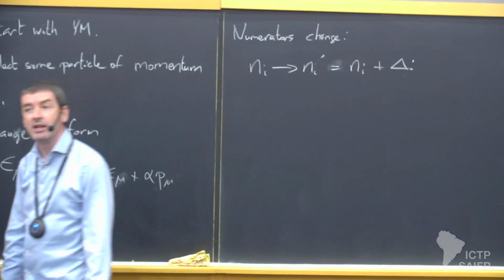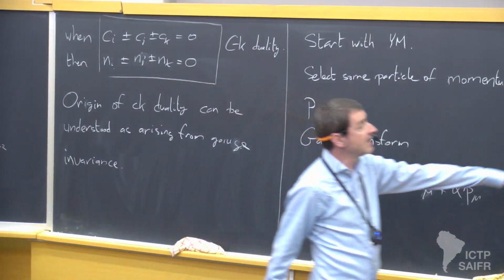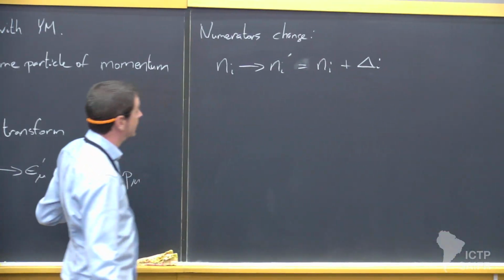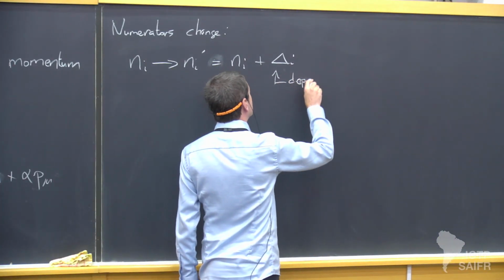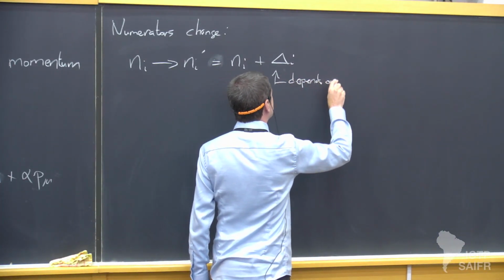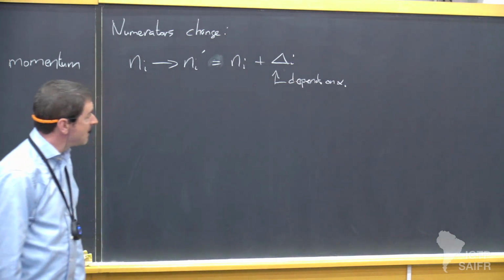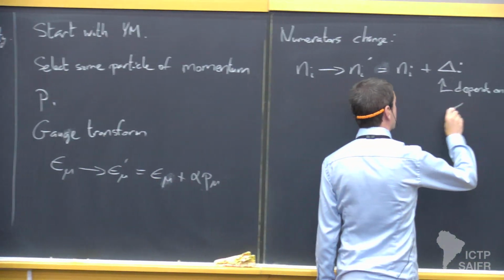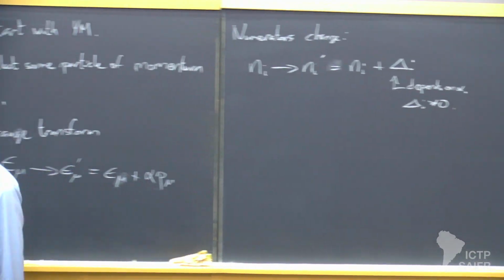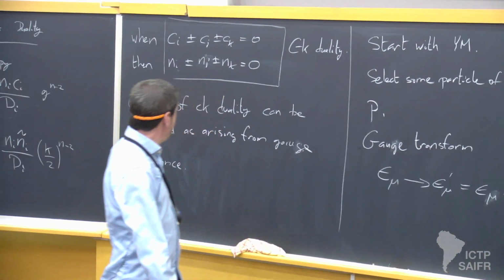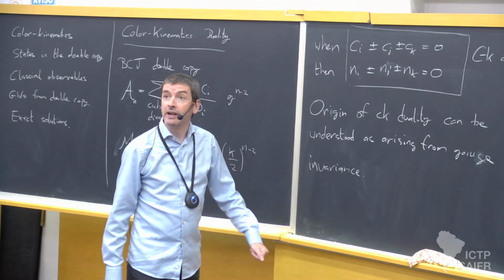You just get the same numerator as before, but then there'll be this delta which involves this alpha. So this thing will depend on the alpha, and these delta_i's are not, in general, 0. But nevertheless, it's certainly true that the amplitude is gauge invariant.